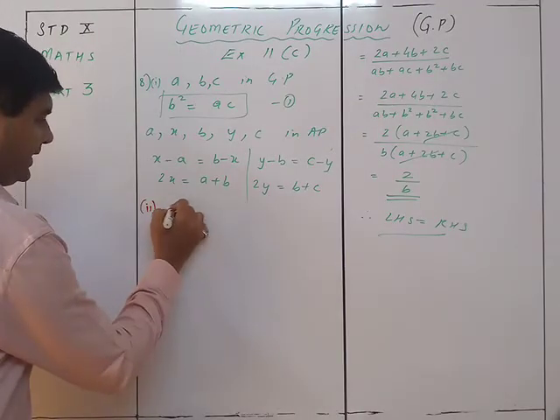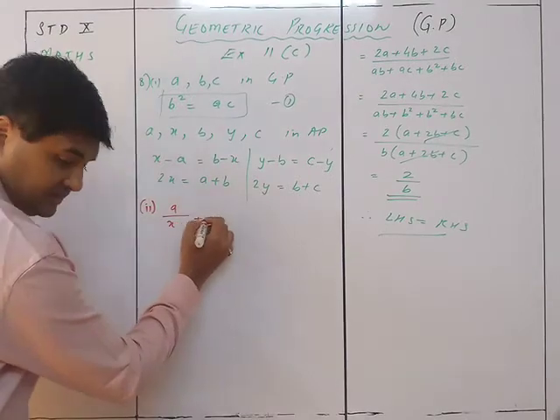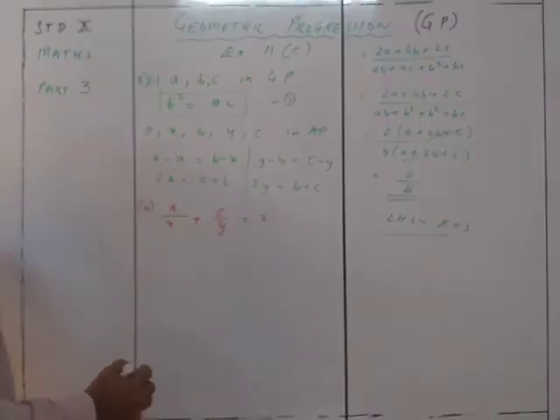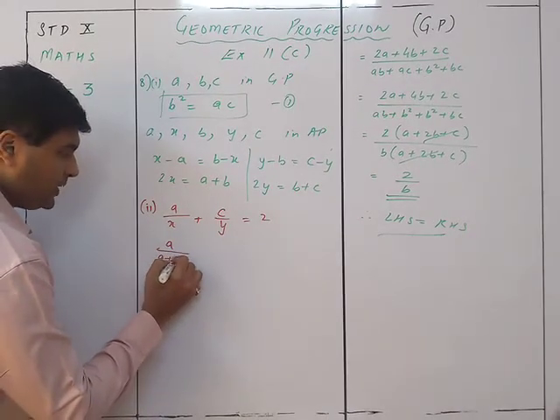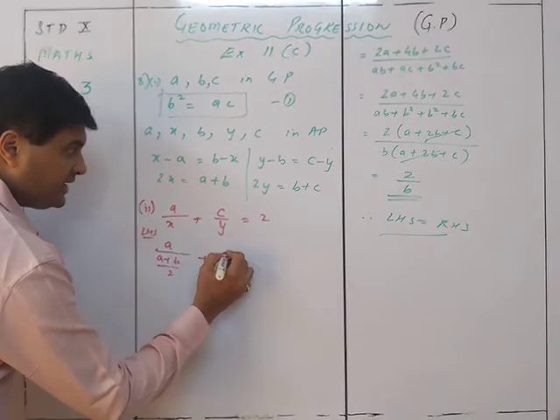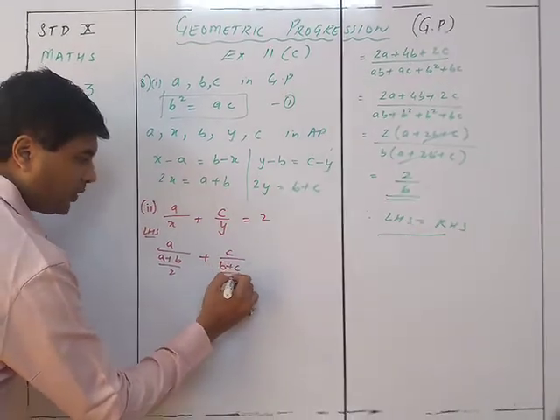Part 2 is A upon X plus C upon Y is equals to 2. So we get A upon A plus B upon 2 plus, so LHS, C upon B plus C upon 2.